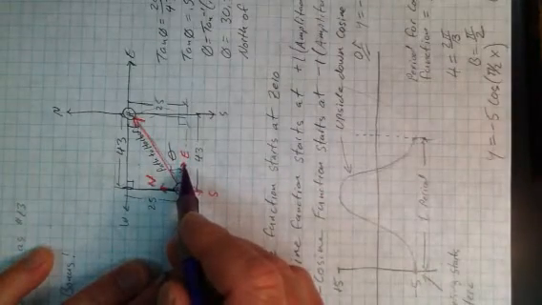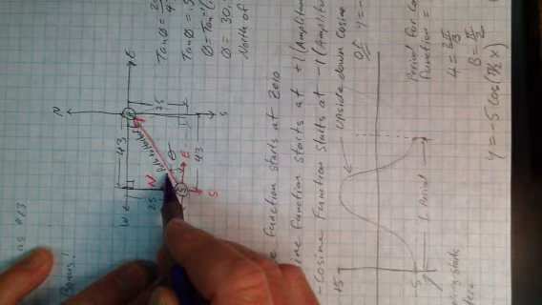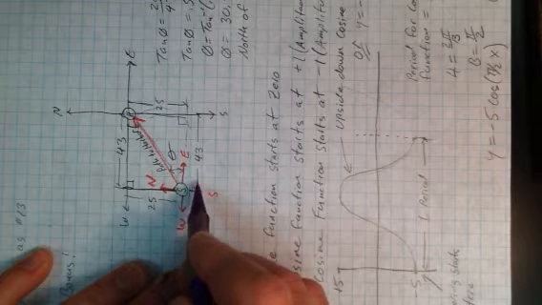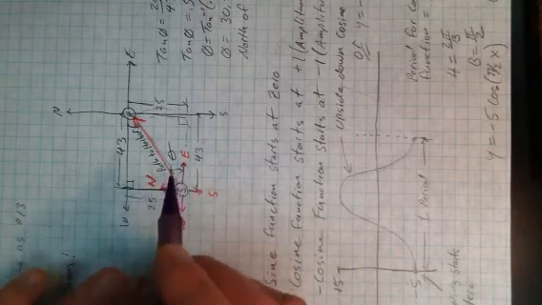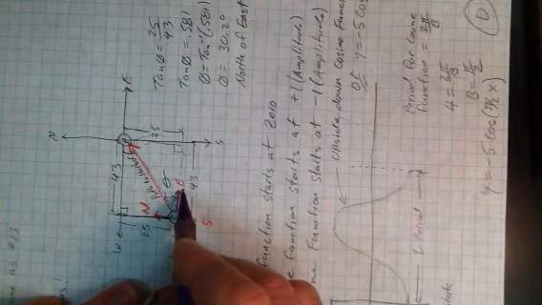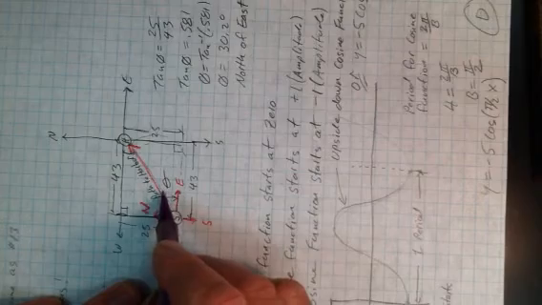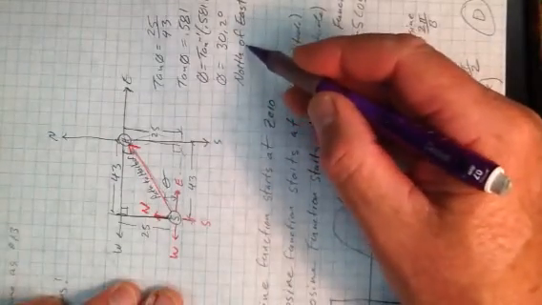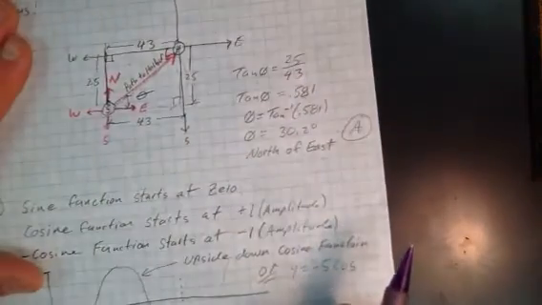Now, if I'm facing east, if I rotate to my left, I'm rotating towards the north. If I'm rotating to my right, I'm rotating towards the south. So if I'm facing east, I have to turn 30.2 degrees towards the north. That's why we say 30.2 degrees north of east.